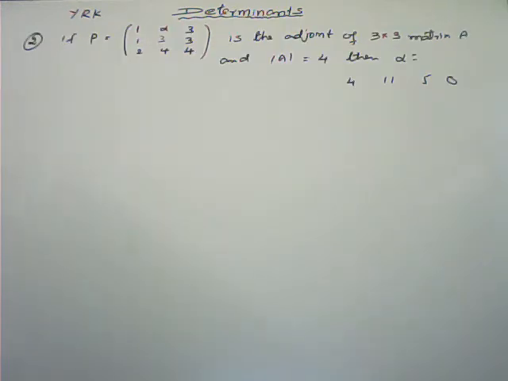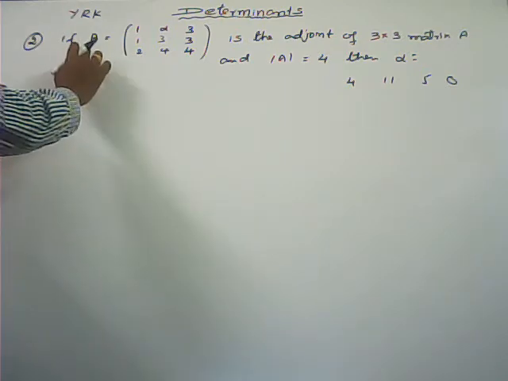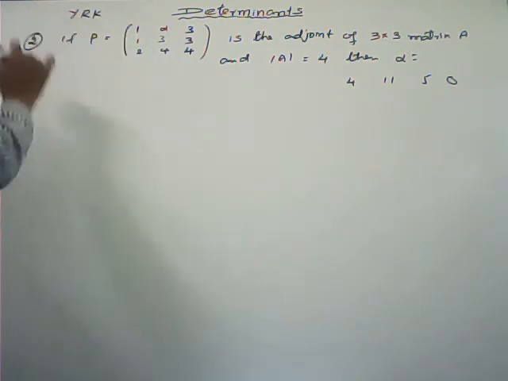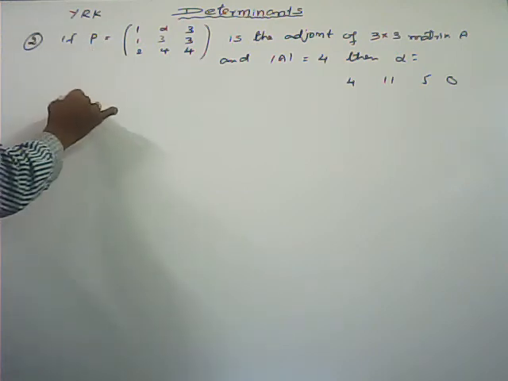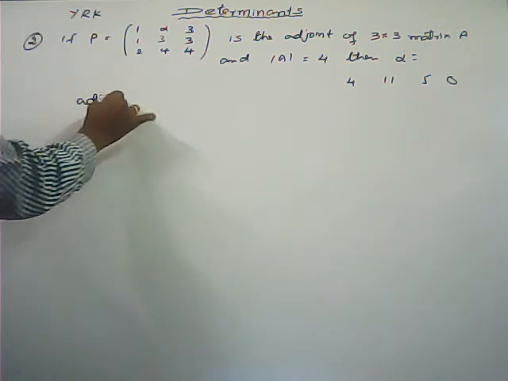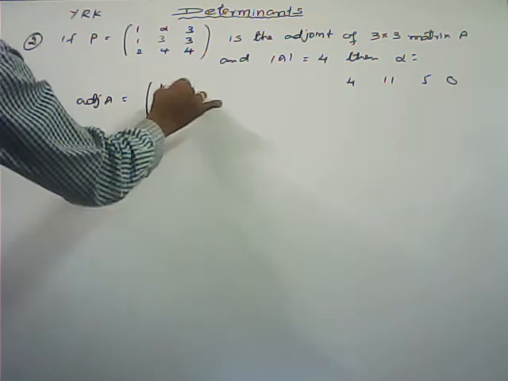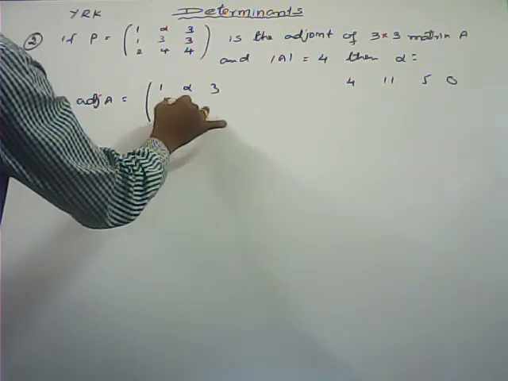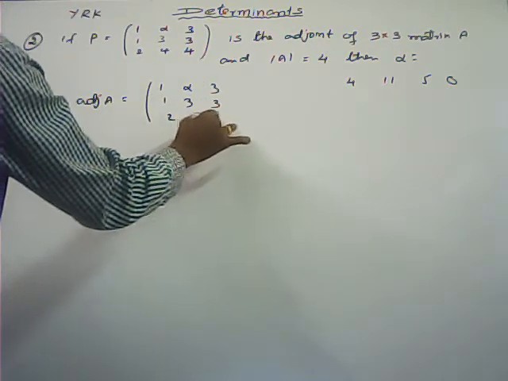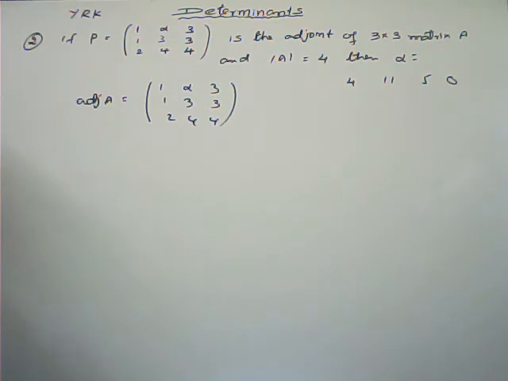Next one. If P is equals to the matrix 1 alpha 3, 1 3 3, 2 4 4, is the adjoint of a 3 by 3 matrix A, and det A is equals to 4, then alpha is equals to. Here P is the adjoint of A only. So in the place of P we can write adjoint of A also, that is equals to 1 alpha 3, 1 3 3, 2 4 4, and det A also given.